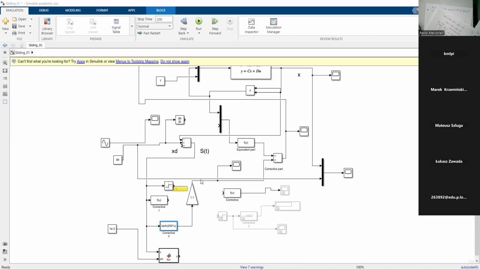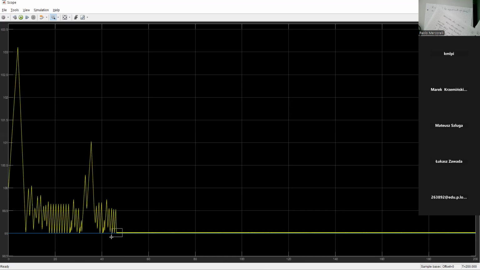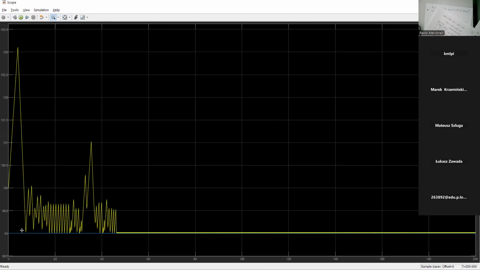Not really in this case. Interesting. Why this? Starting from here, it seems to be not bad, but really I don't understand this effect here. Could be that in the file we have something wrong.